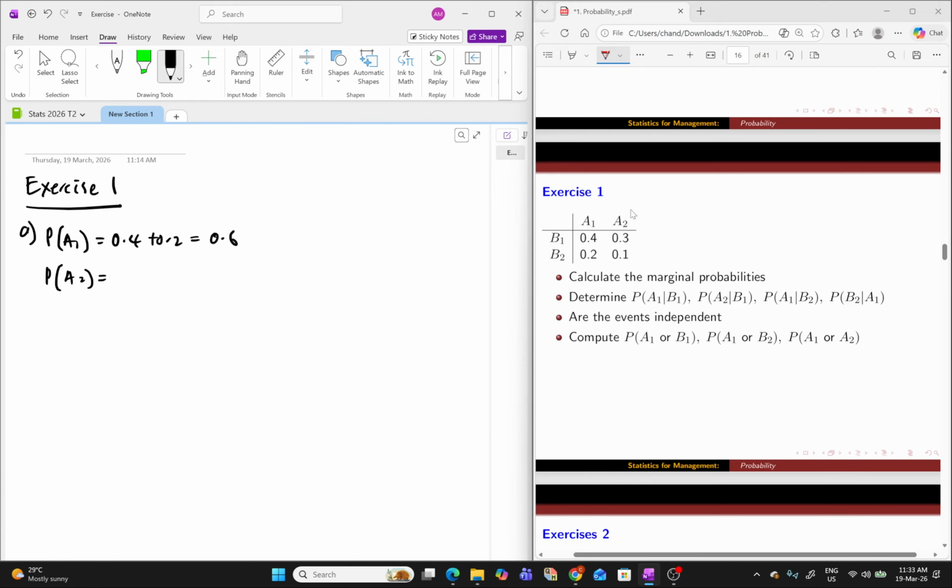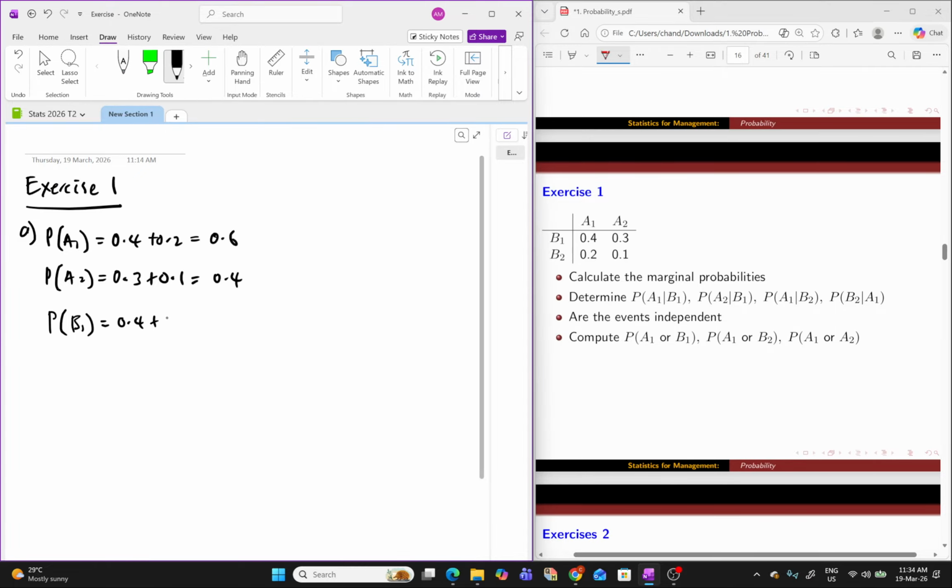A2, 0.3, 0.4. B1 plus this row here, 0.7.